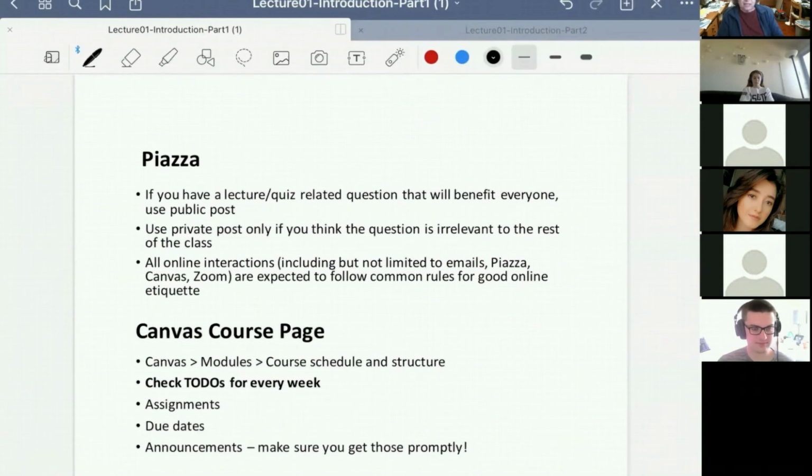On Piazza, if you have a lecture or quiz related question that'll benefit everyone, or a homework question that'll benefit everyone, use the public post. Use a private post only if you think the question is irrelevant to the rest of the class or it's more personal and you want to send it to me or one of the TAs.